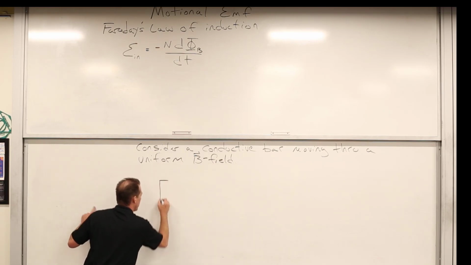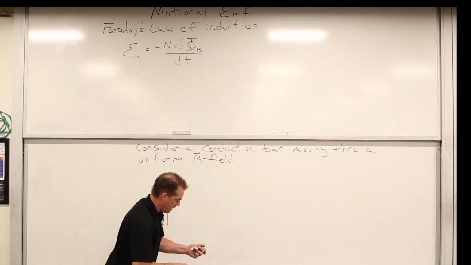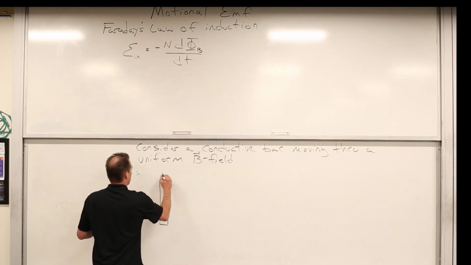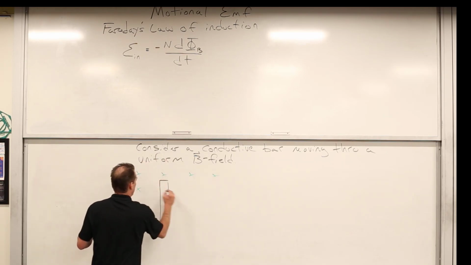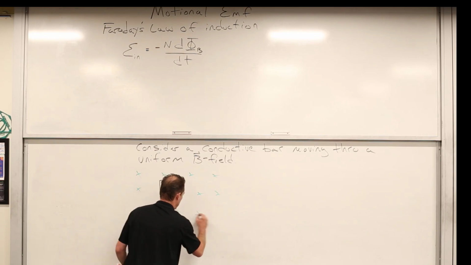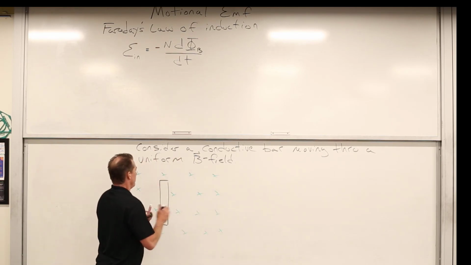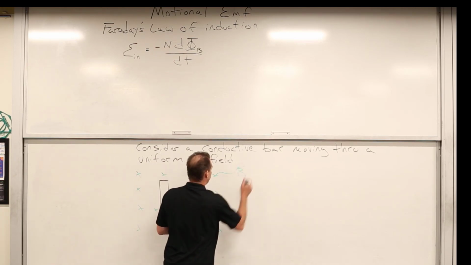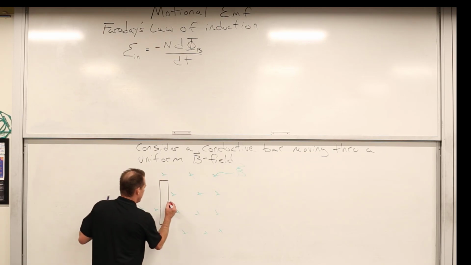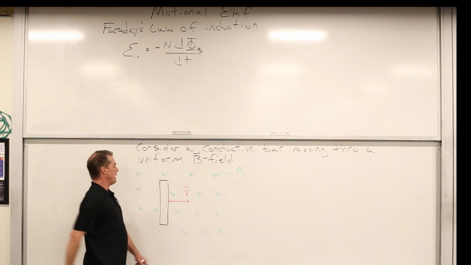We'll take some little conductive bar like such, and we'll say that all over in space is this nice uniform magnetic field. And we'll just say that this bar is moving to the right with the velocity v hat.